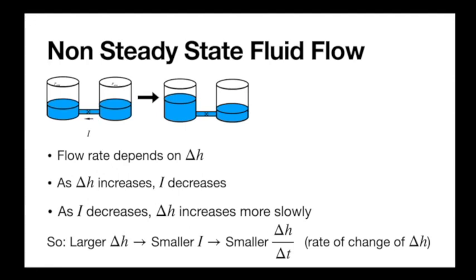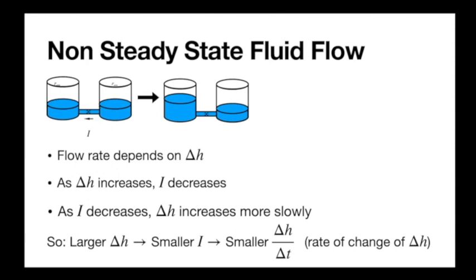So what we find is, at first, the height changes quickly, and they quickly reach some offset, and then as they get further and further apart, they're still growing. Delta H is still growing, but at a slower and slower rate until it reaches that maximum, where current is 0, so delta H is not changing anymore. The rate of change is 0, and they're at equilibrium.